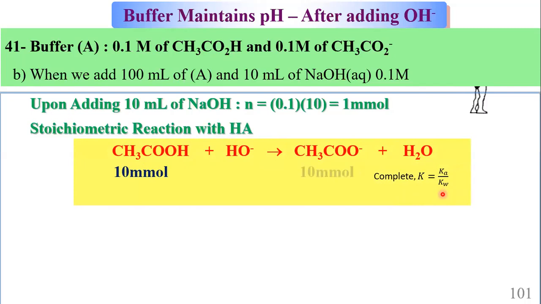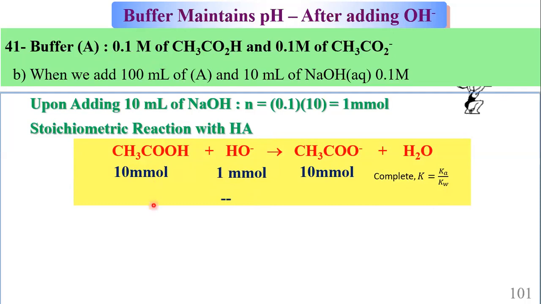Initially starting off, we had the same millimoles of buffer for the anion and acid. Again, that's the same question we had before. It's concentration times volume, where the volume is 100 mils of the buffer. But am I adding 1 millimole now of OH, which will be neutralized by my acid? My acid will give this OH an H, and so it becomes water.